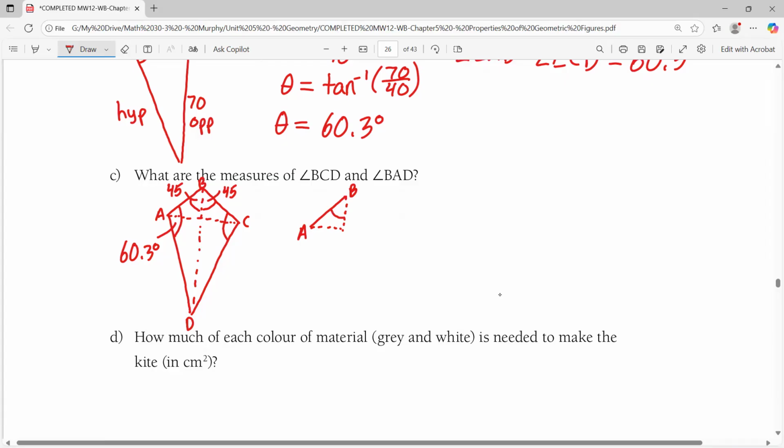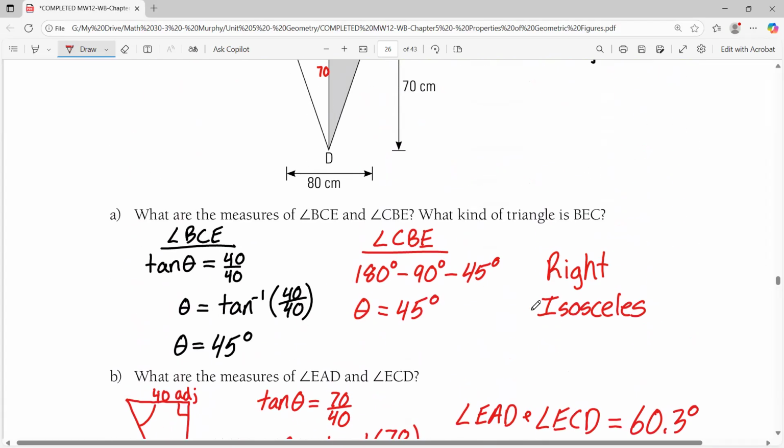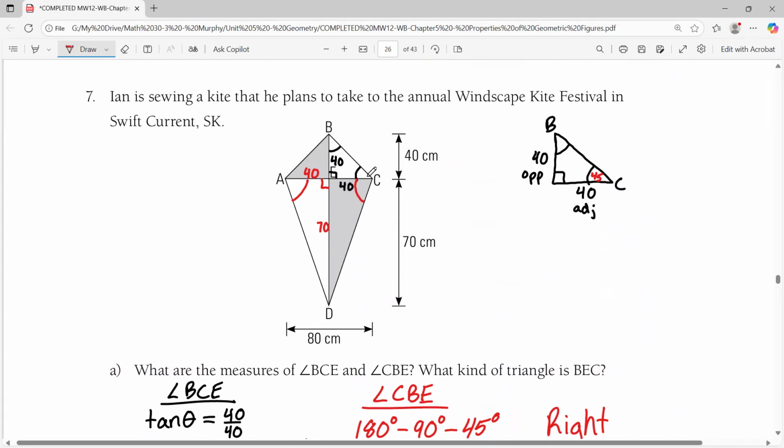So we know this is 45. This is 90, right? So we should be able to figure out that last piece. So 180 minus 90 minus 45, which is 45. And that would have been the same. So we really didn't have to do this work again because we already solved for it up here. Right? We figured out that this was also 45. So therefore this is 45.